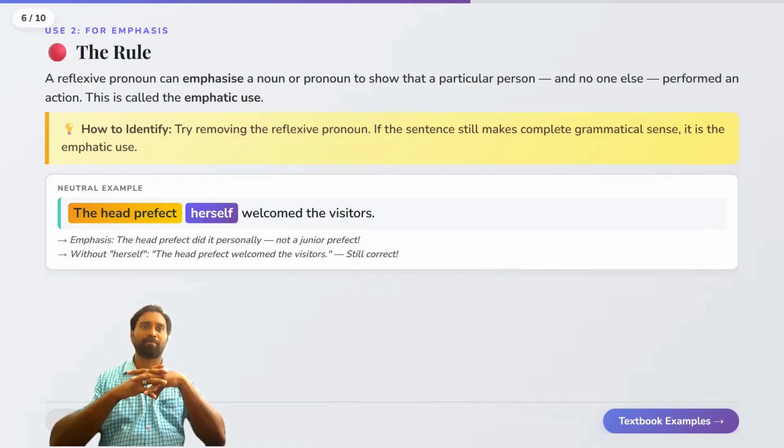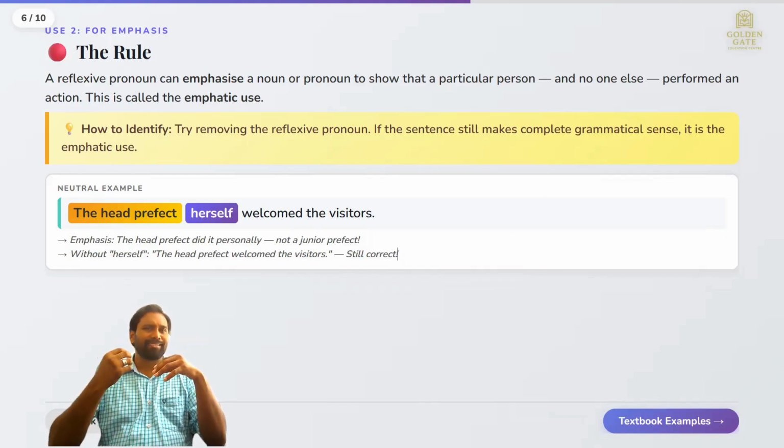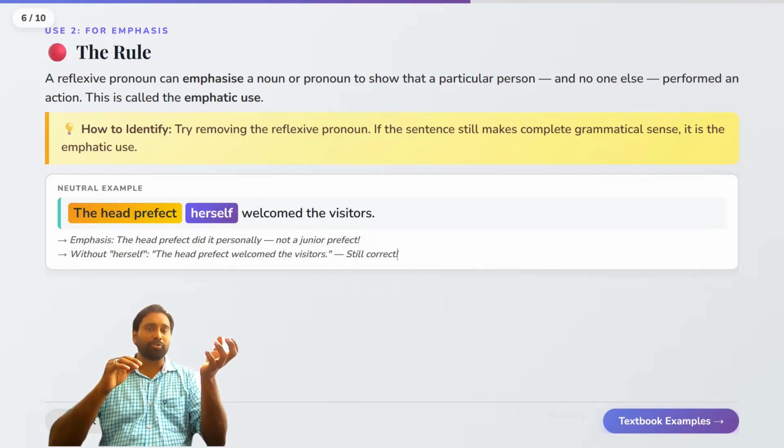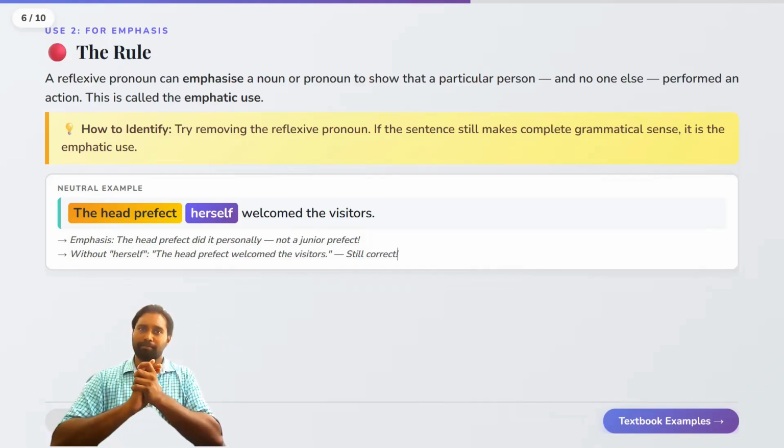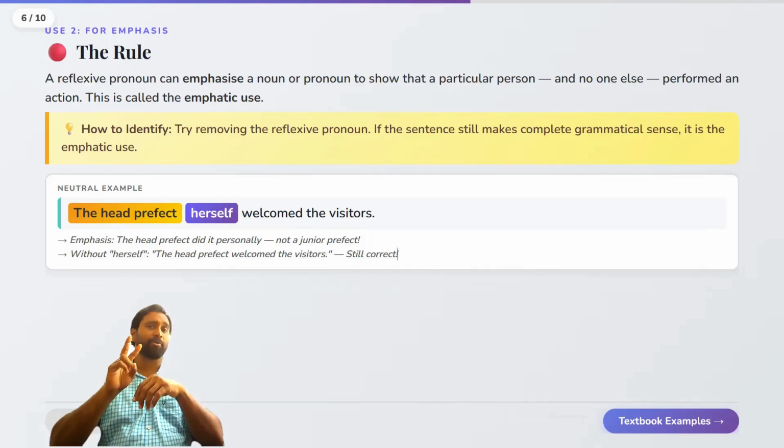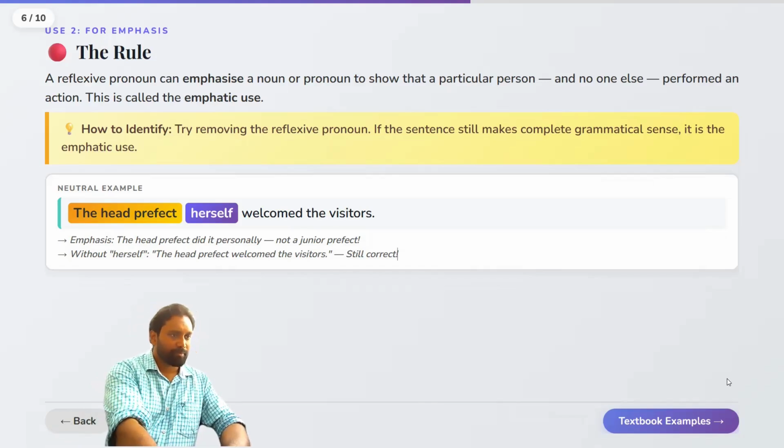Yes, of course. Absolutely. The sentence is grammatically complete. But what has happened? The sentence has lost the emphasis. That's it. So this is how you know whether it's emphatic use or not. Clear? Let's check a couple of more textbook examples.